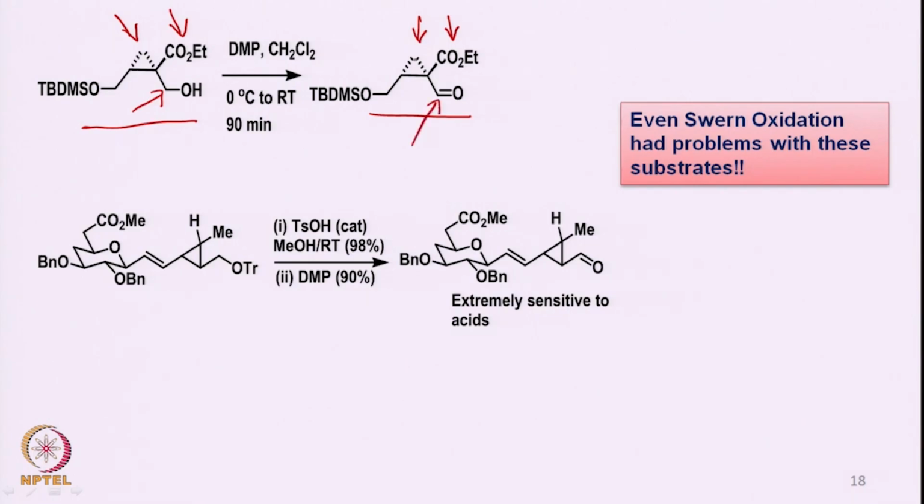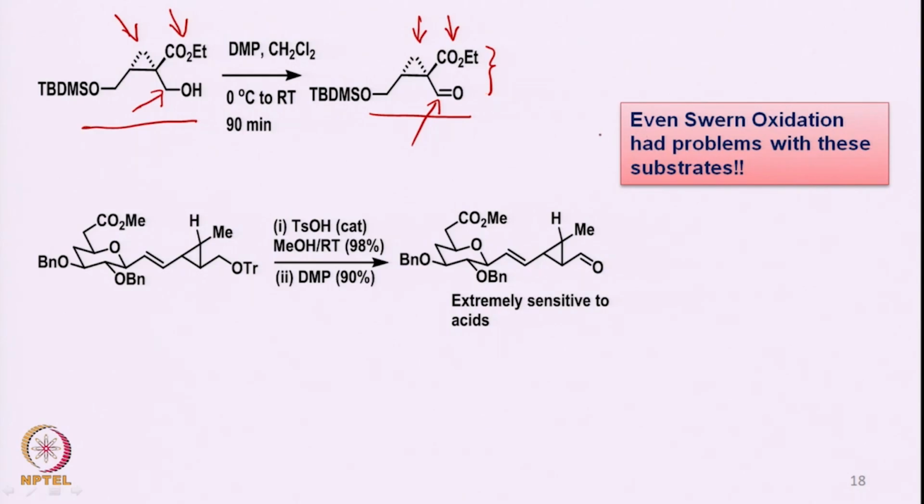So that means the cyclopropane ring is adjacent to 2 electron withdrawing groups, and therefore the cyclopropane ring can easily be opened by any nucleophile if the reaction condition is either acidic or basic, or particularly under acidic condition.